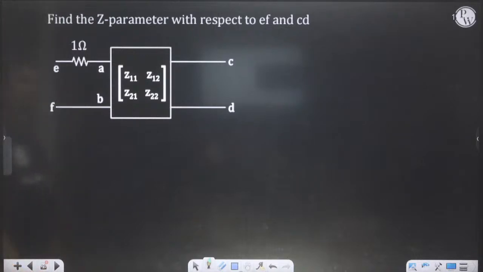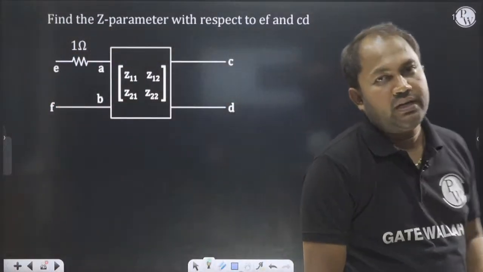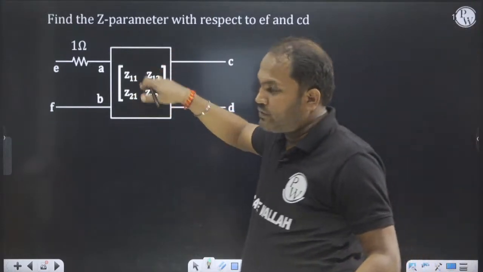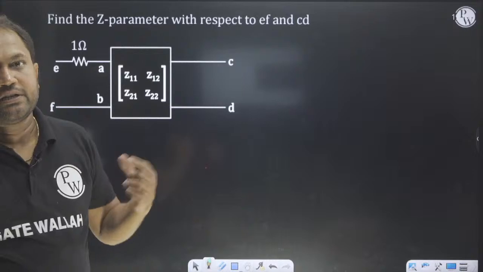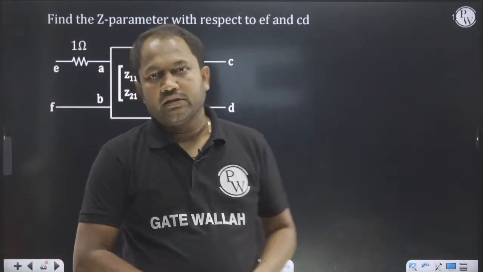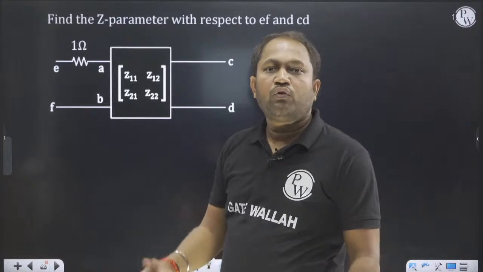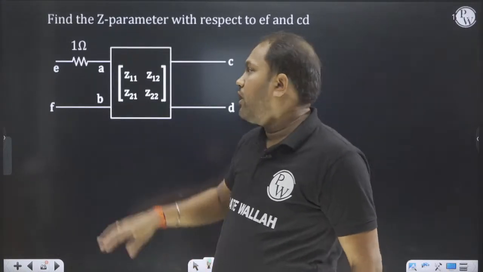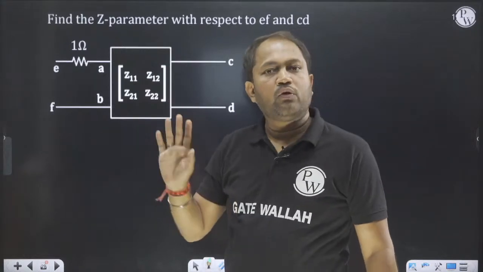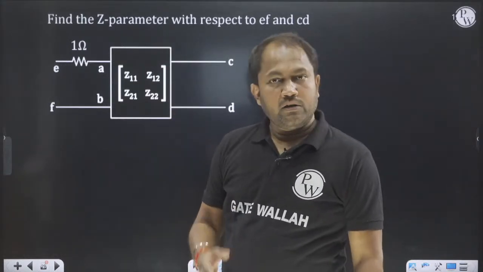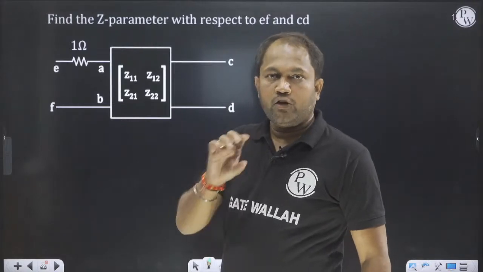Then they are asking for the Z parameter with respect to E and F. For this type of question, a series parallel network, what do you have to do? If the series condition is there, in the Z parameter we go for the equivalent model. In the Y network, where this side is parallel, we go for the Y equivalent network.